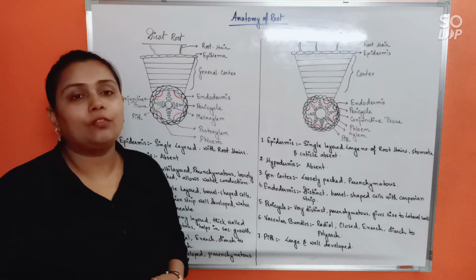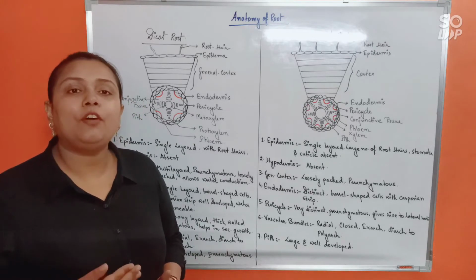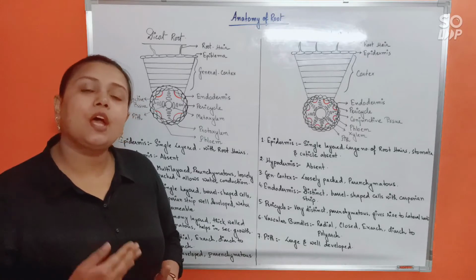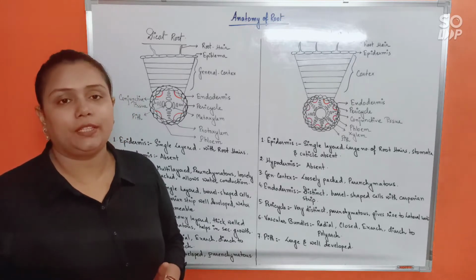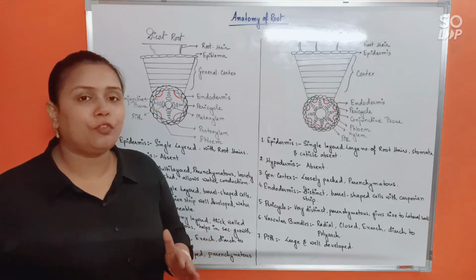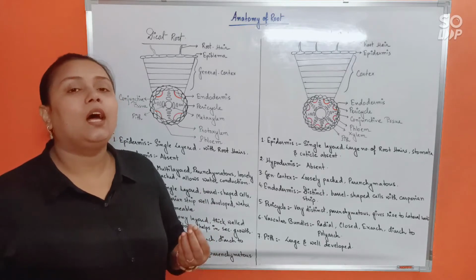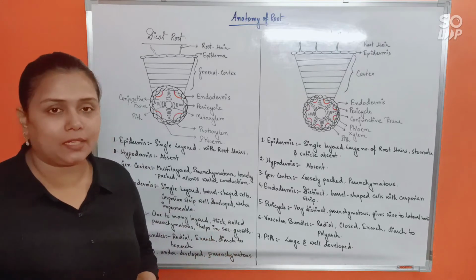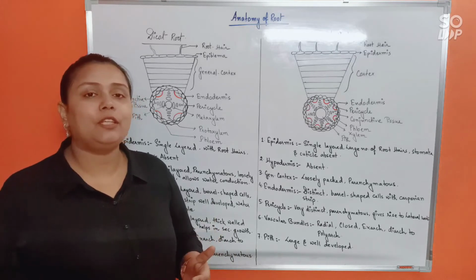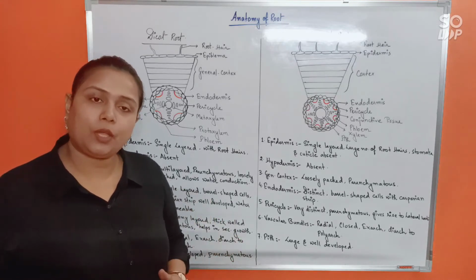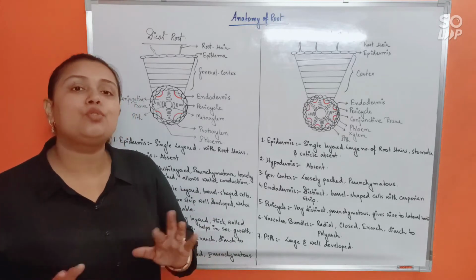See, in case of dicot roots, the number of vascular bundles will always be 2 to 6, never more than that. Usually it will be 2 to 4, but in certain cases we can see 5 or 6 vascular bundles as well. That's why we have to keep the range 2 to 6. But usually it is 2 to 4.